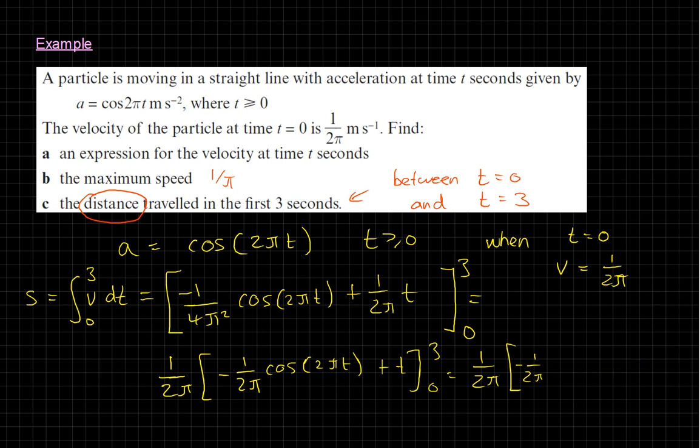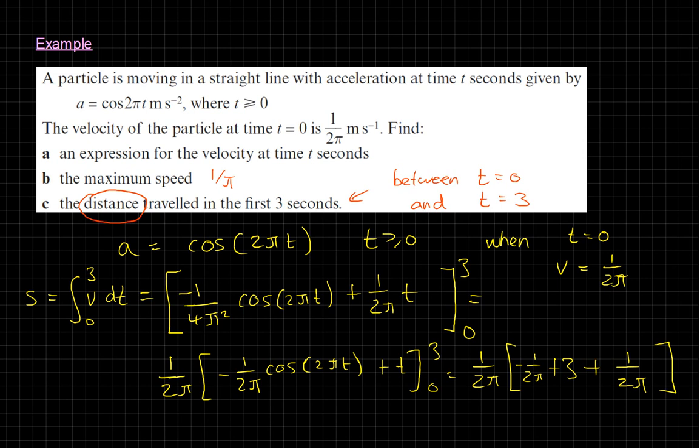Okay, plus 3. And then we're going to minus what happens when I plug in 0. That t will just be 0. 2 pi times 0 is 0. Cos of 0 is 1. So it's minus 1 over 2 pi. And I'm going to do minus minus 1 over 2 pi, so I just get plus 1 over 2 pi.